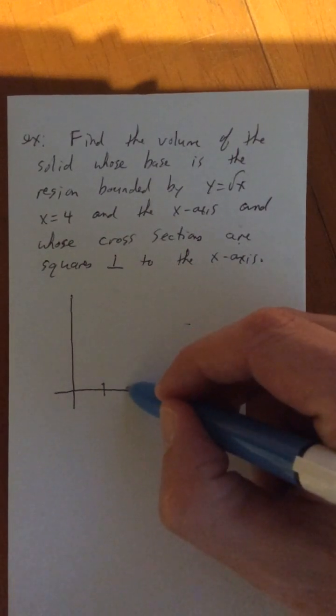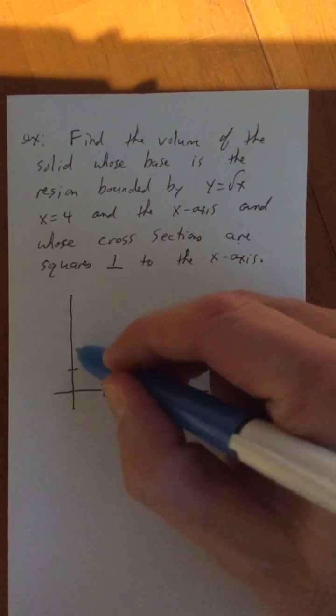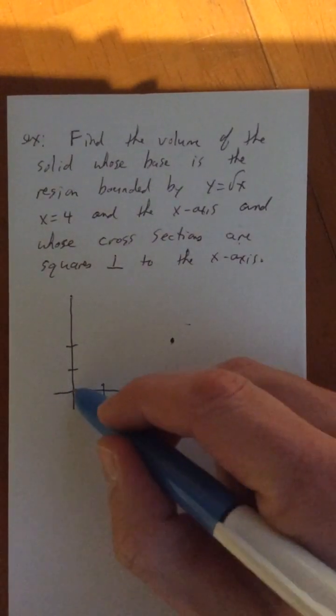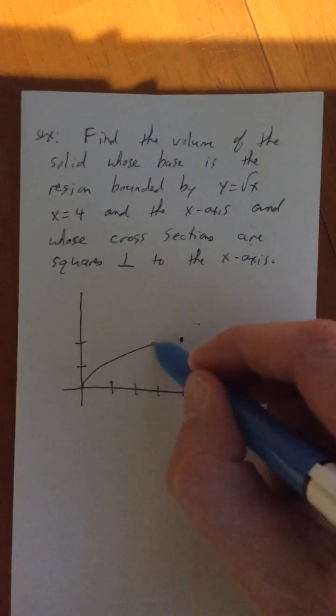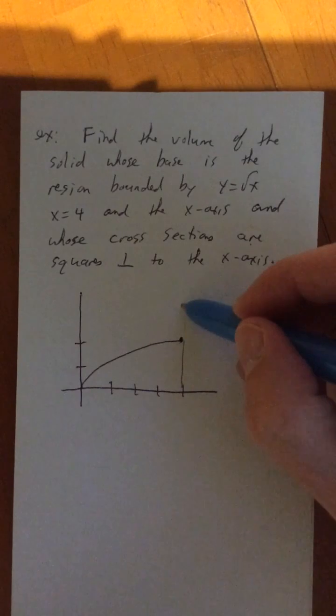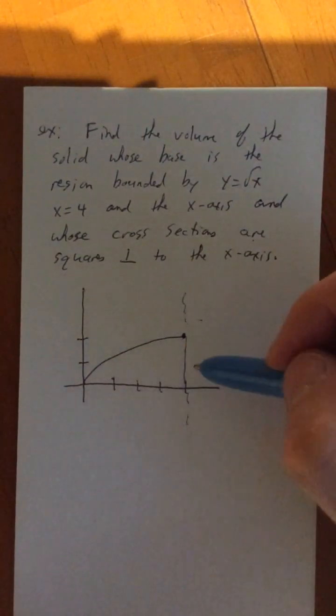So 1, 2, 3, 4. And that means we're going to go up 1, 2. And here we are. And so here's our region, this little curvy space right here. And we got our x equals 4 right here. And so this is the region right here that we're talking about.